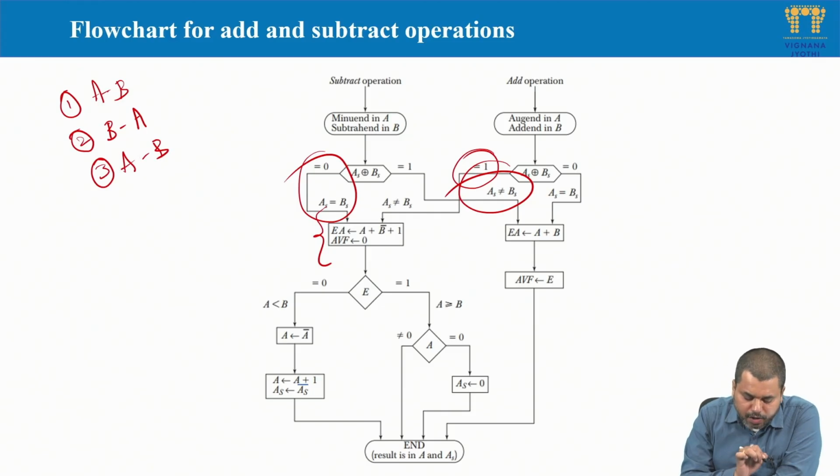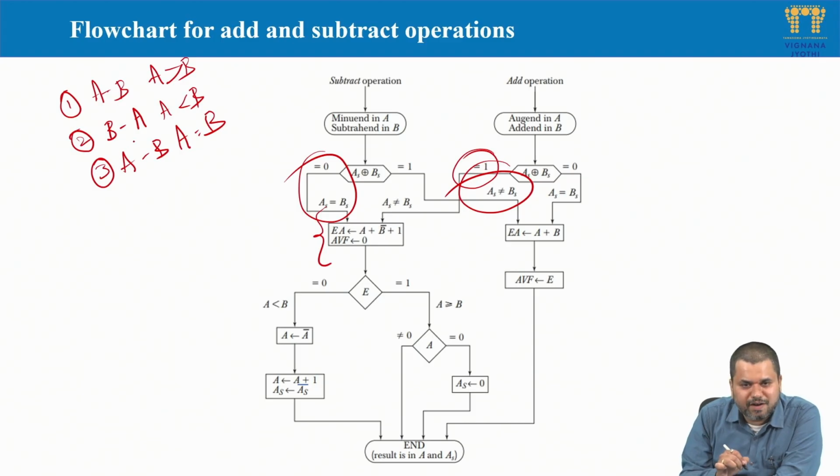This decision of performing A minus B or B minus A can be made once I compare and know whether A is greater than B, less than B, or equal to B. So first I compare, then I can do this.